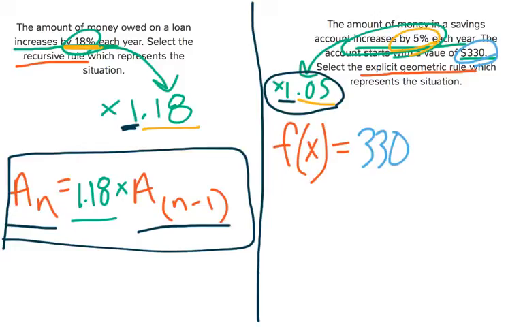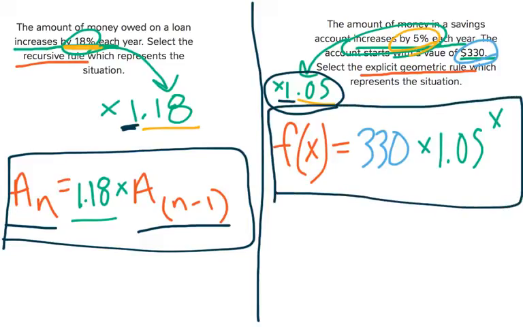So going back to our formula, we have our starting value of 330. We're multiplying that by 1.05, and we're going to raise that to the power of x, because we're going to multiply by 1.05 every single year.